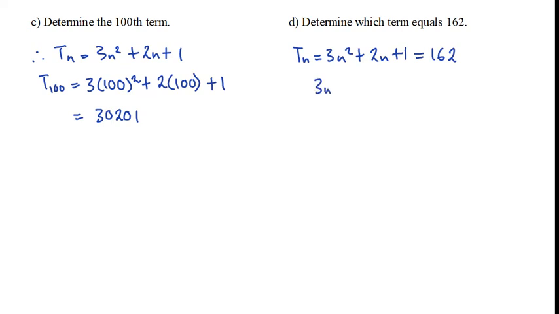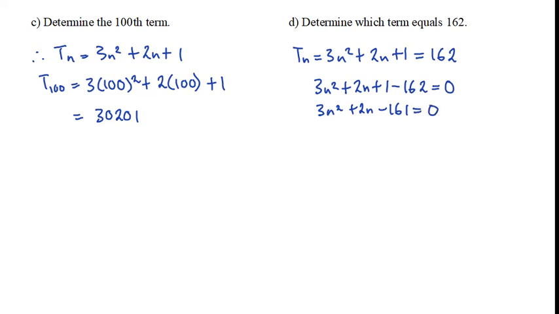So we've got 3n squared plus 2n plus 1 minus 162 being equal to 0. Okay, so we got 3n squared plus 2n. So 1 minus 162 is negative 161, is equal to 0.